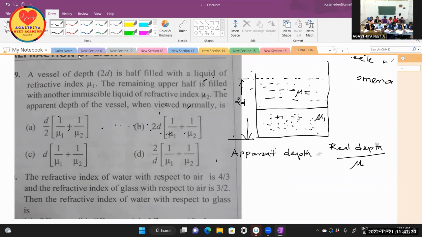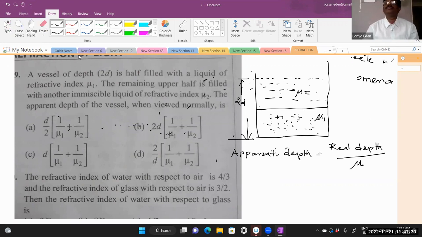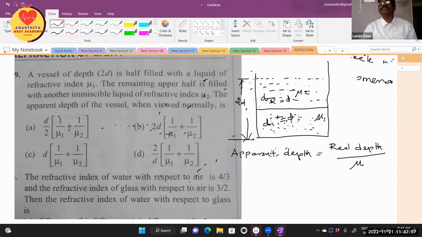First depth is D. Another depth, total depth is 2D. The two liquids are equally filled. Let it be, say, this is also D, this is also D. Although D1, D2, both depths are equally filled. Therefore, let it be D and D.